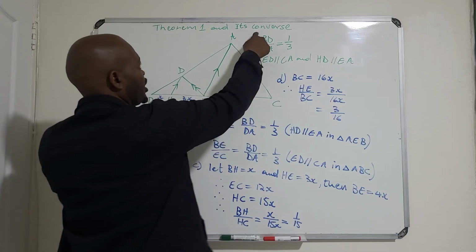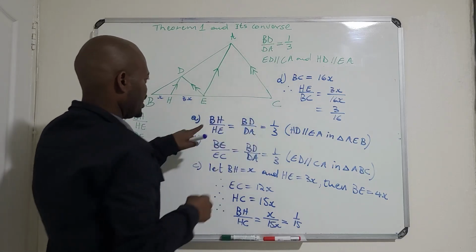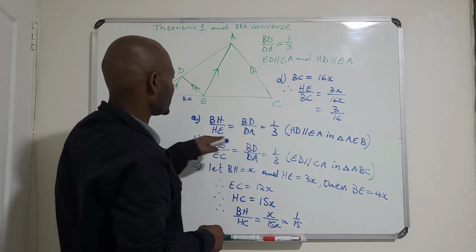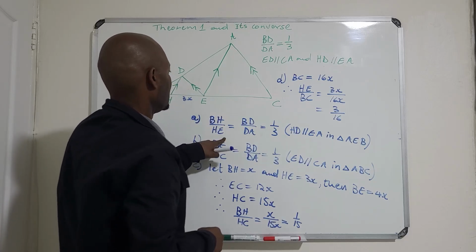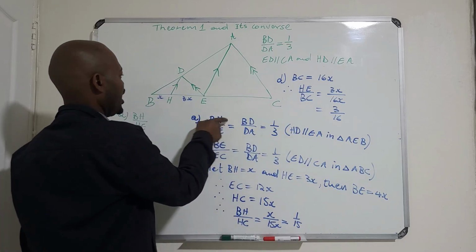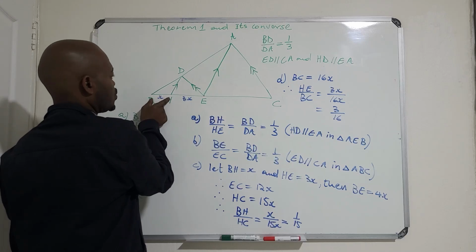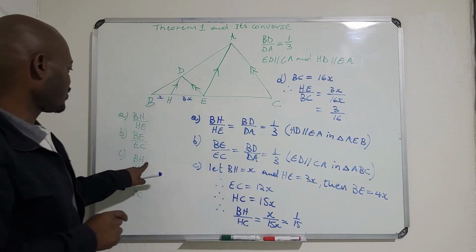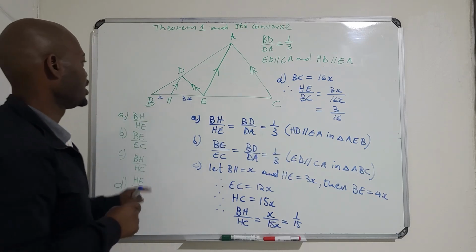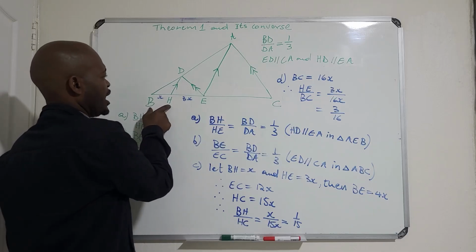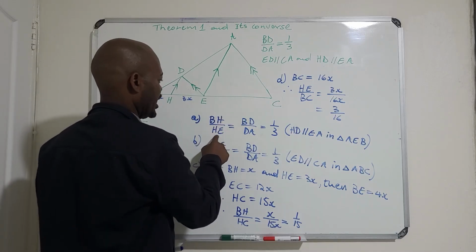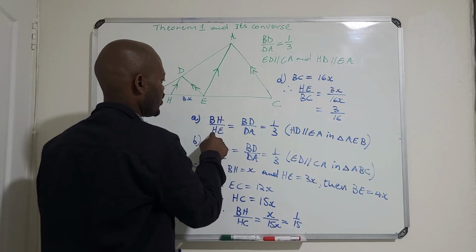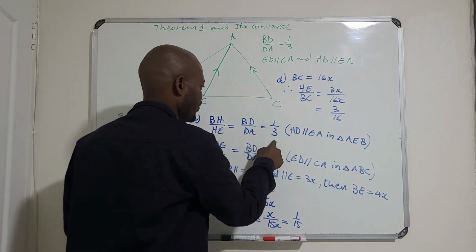It is easier if we are given one ratio, so that we can let, since we know that BD over DA is the same as BH over HE, we can let BH be x, since we know BH over HE is 1 over 3.